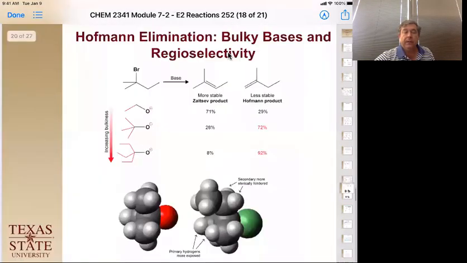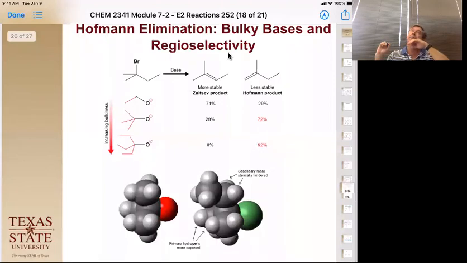So let's talk about forcing it to go the way we want to go. Okay. So the Zaitsev rule says that if we have a choice between a hydrogen or a hydrogen, and we have a good base, it's going to make the more substituted product because it's more thermodynamically stable. Okay. But we also said that as we get bigger and bulkier bases, we have a steric demand that comes in.